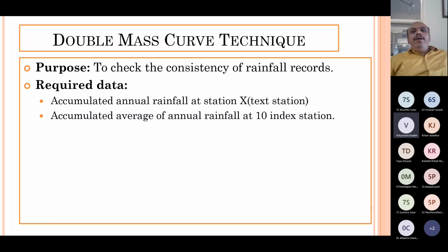Then there may be dents in the collector rim. We know that there is a collector rim, circular in cross section, with a funnel. In that rim, dents may develop because every day it has to be pulled out from the place, and the water receiver bottle is removed and then rainfall is measured.